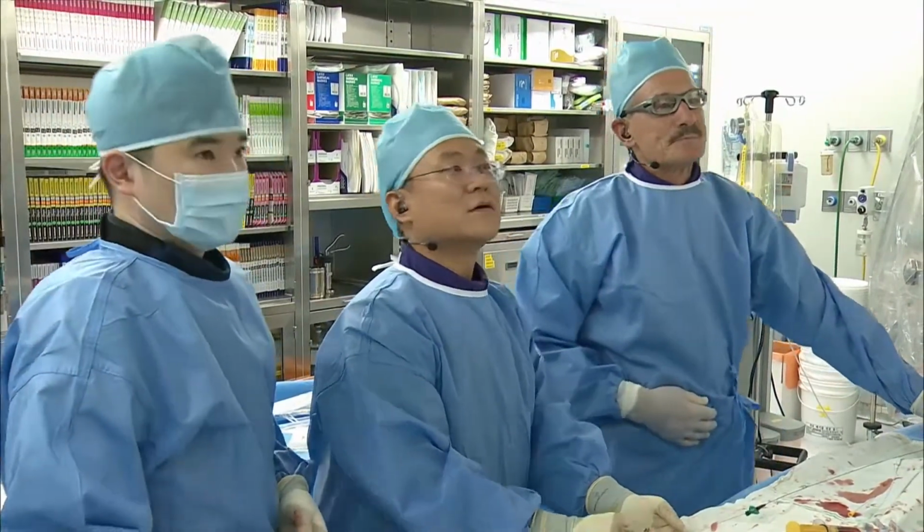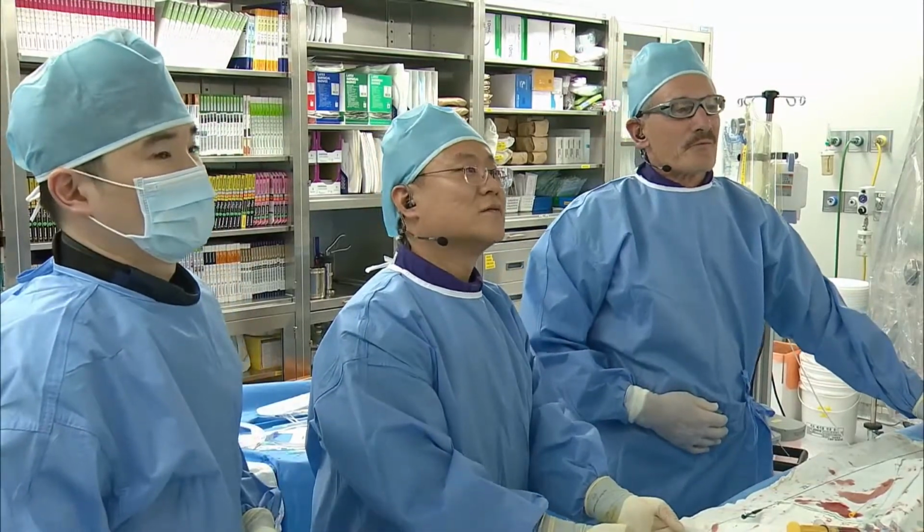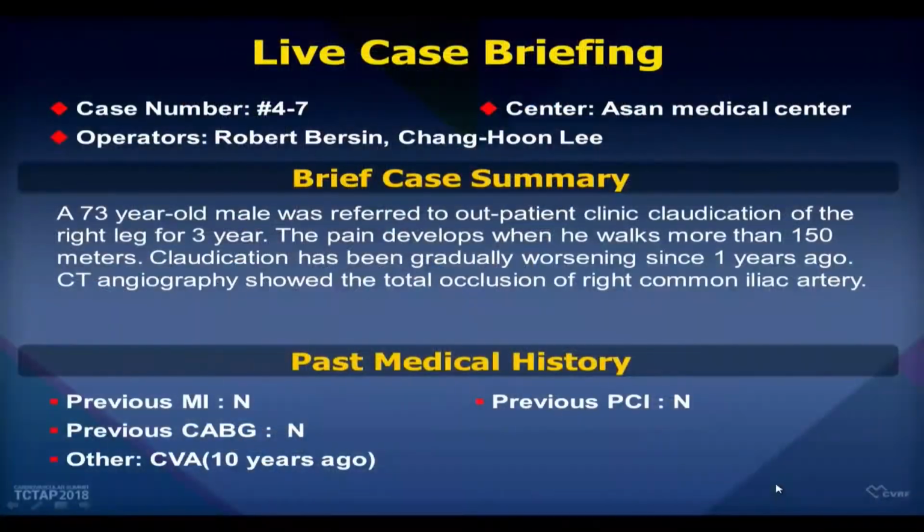Okay. Let me introduce the brief case. A 73-year-old male was referred to the outpatient clinic with claudication of the right leg for 3 years, but his symptoms worsened within 3 months, and claudication developed at 105 meters and is gradually worsening. CT scan showed total occlusion of the right common iliac artery with some calcification.